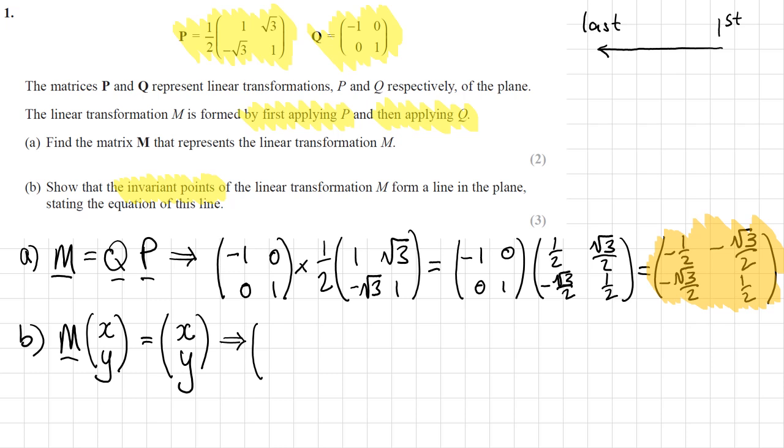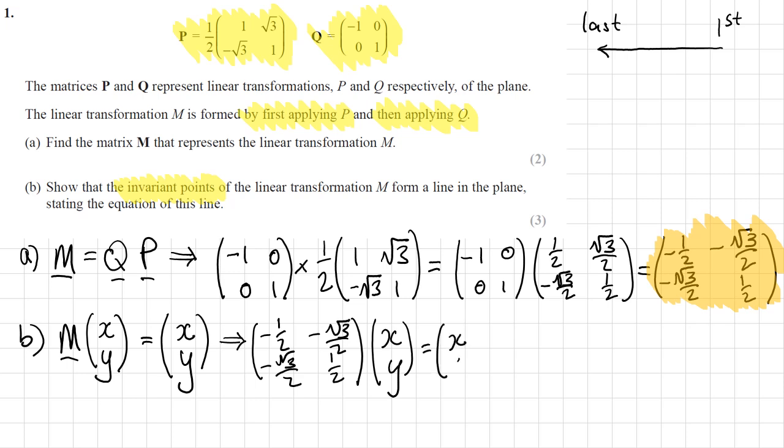So M is negative a half, negative root 3 over 2, negative root 3 over 2, a half, and that's going to get multiplied by the general point XY, and that will leave me with XY. Right, let's multiply this out and see what we get. So I'll get negative a half X minus root 3 over 2 Y is equal to X. That's what I get on the top row.